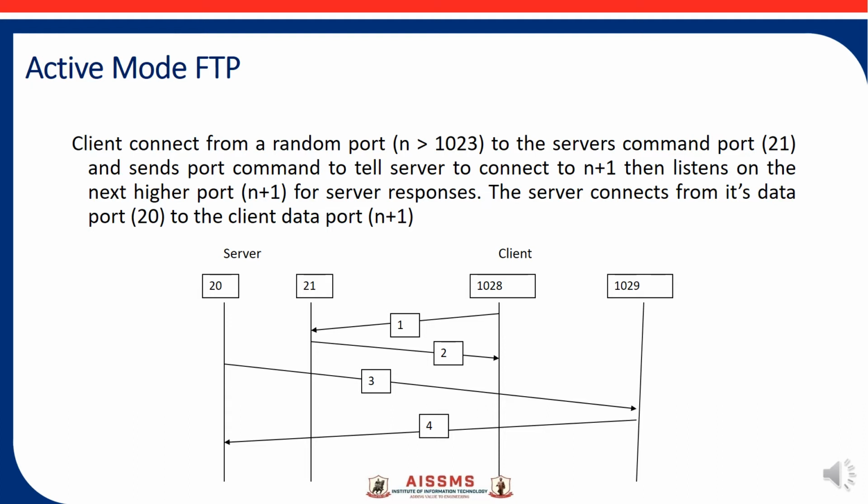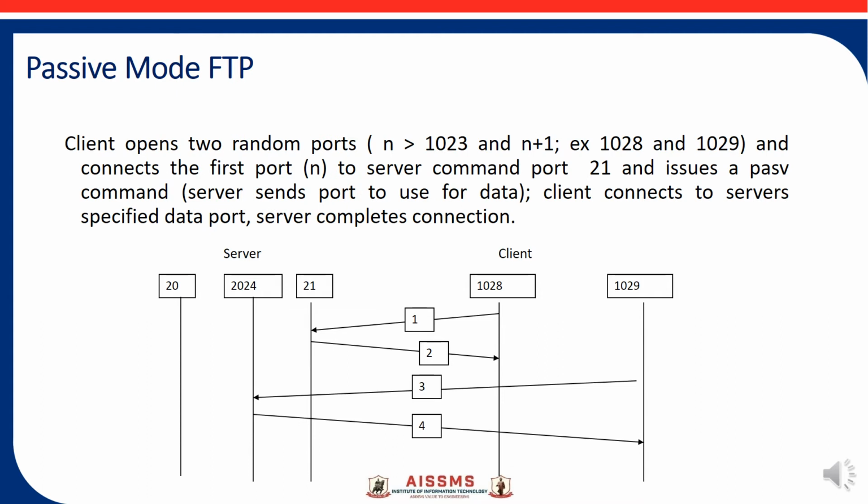The client port 1028 wants to start communication with the server, so it will send the request to port number 21 for the connection establishment, and then all the data transfer will be done via port number 1029.